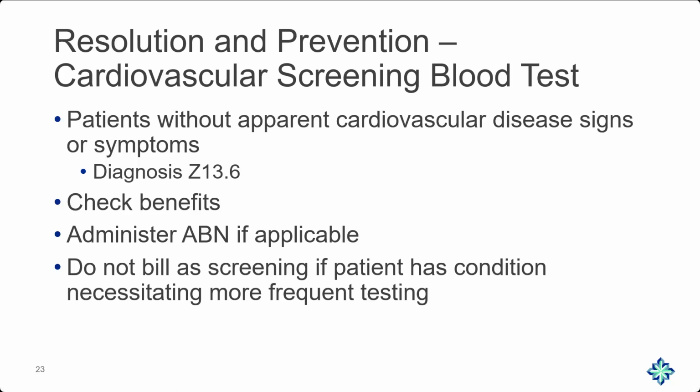If it was done more frequently than every 5 years, figure out if this patient actually has cardiovascular disease. And if so, then the diagnosis code needs to be different. The claim needs to be coded differently to reflect that. You'll need to check the patient's benefits to see when they received their last test to calculate when they are next eligible.